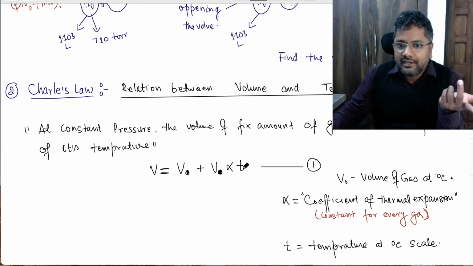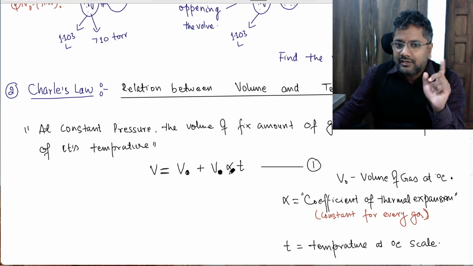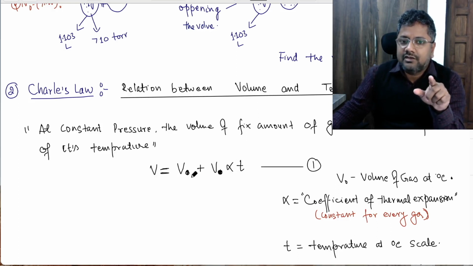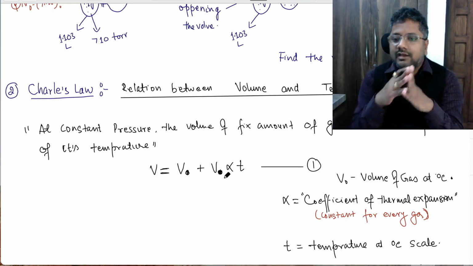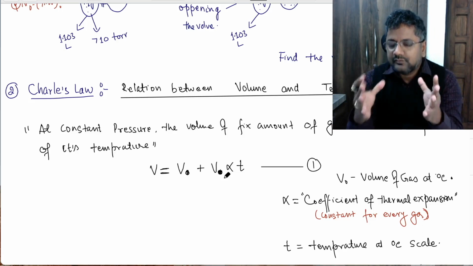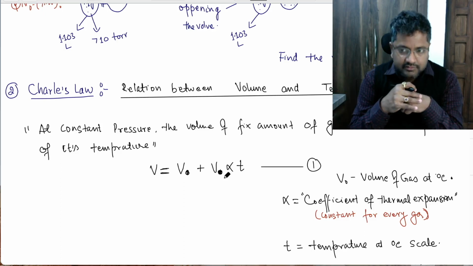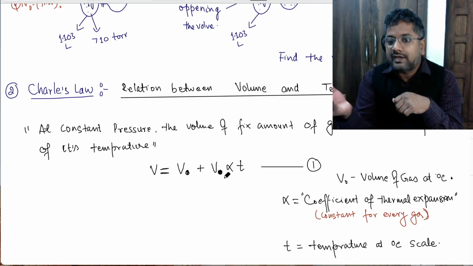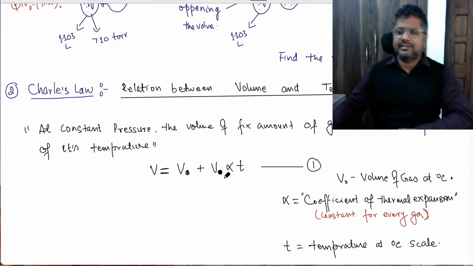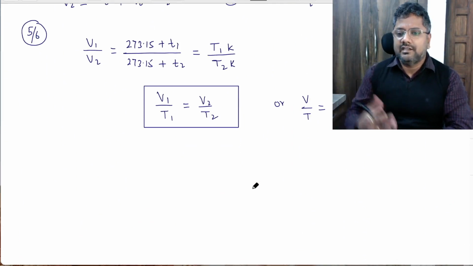Or you can define this as well. If you take T equal to 0 degrees, for 1 degree change, alpha is equal to 1 by 273.15. So V is equal to V naught plus V naught by 273.15. So you can write that the volume of a gas increases by a factor of 1 by 273.15 per degree rise in temperature of its volume at 0 degree Celsius. So these statements you can use, but you cannot use that volume is directly proportional to temperature.